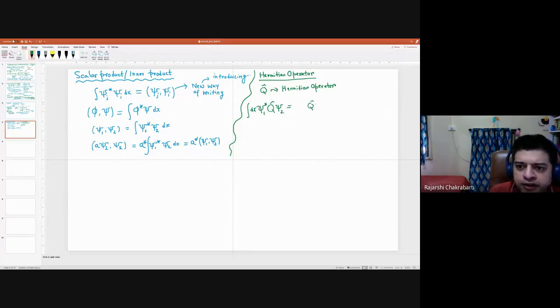Taking Q, operating on psi1, multiplying from left by psi2 star, integrating over space, and taking the complex conjugate of the whole thing. Can you check your notes and tell me whether I have done it correctly?